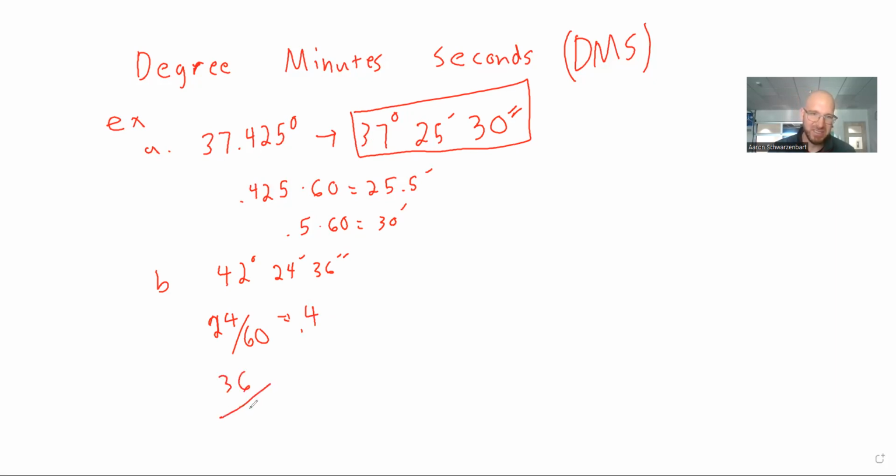For the 36 seconds, it's over 60 seconds, which would put me in minutes, but over 60 again. So I'm going to go over 60 squared, which is 3,600. That is 0.01. Now I'm adding those up: 42 plus 0.4 plus 0.01 equals 42.41 degrees. There, I've converted back and forth.